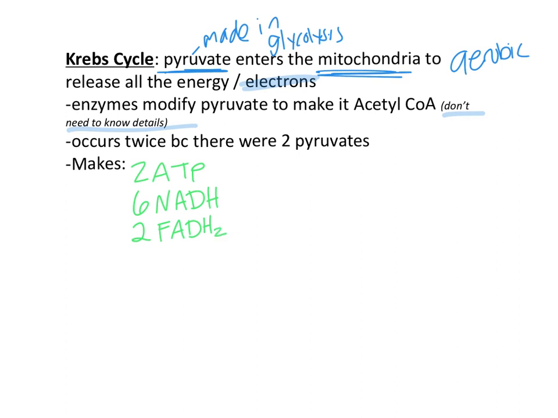It's called FADH2. That's another electron carrier. And in this process of the Krebs cycle, we also make CO2, which is our waste garbage product. Still, we haven't used oxygen.